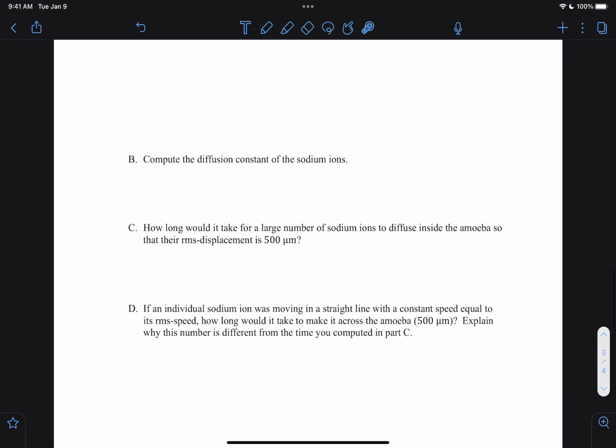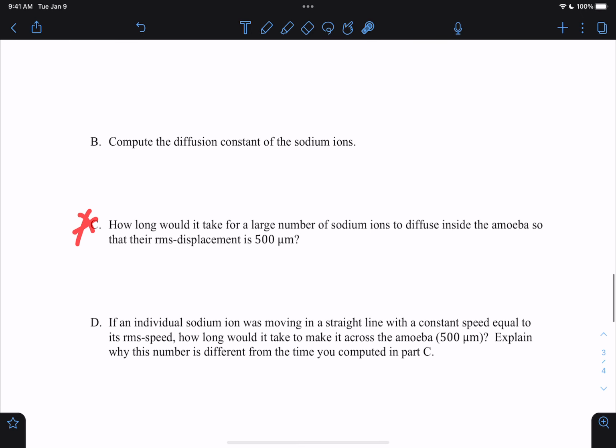But yeah, for C, for example, you'd use 3D because we're assuming the particle is moving in all directions, either into or out of the cell, upwards, downwards, in a vessel, for example. You can kind of say into or out of the page.